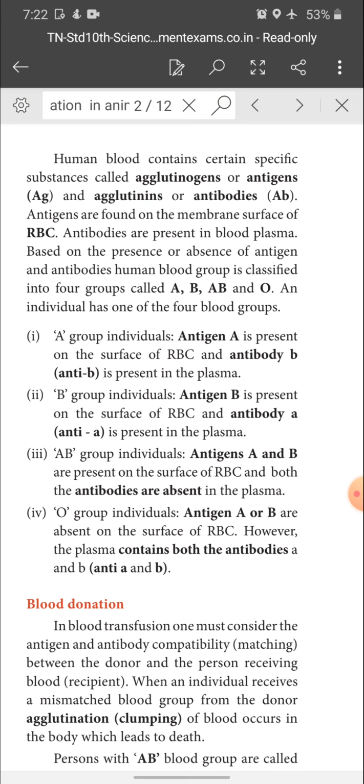AB blood group individuals have both antigen A and B on the surface, and no antibodies are present in the plasma. And then O blood group, antigen A or B are absent on the surface of RBC. However, the plasma contains both the antibodies A and B. So that's it about identification. Based on this, we can identify the blood grouping.